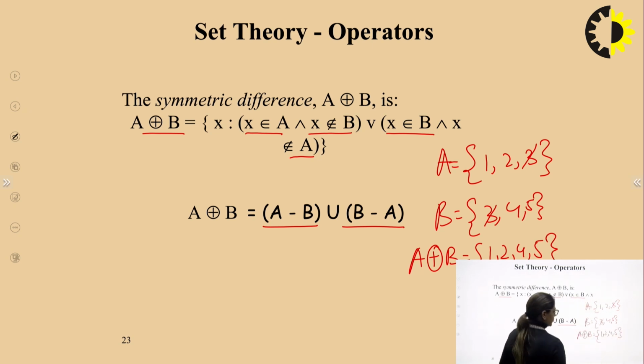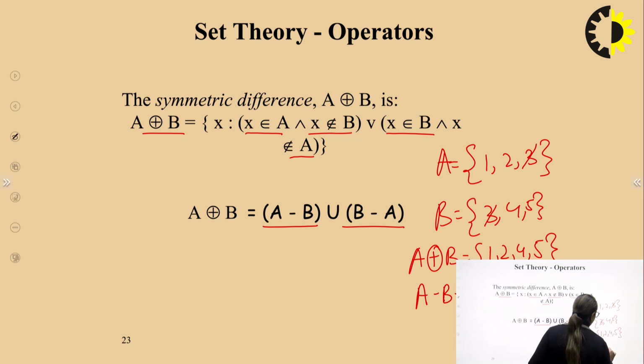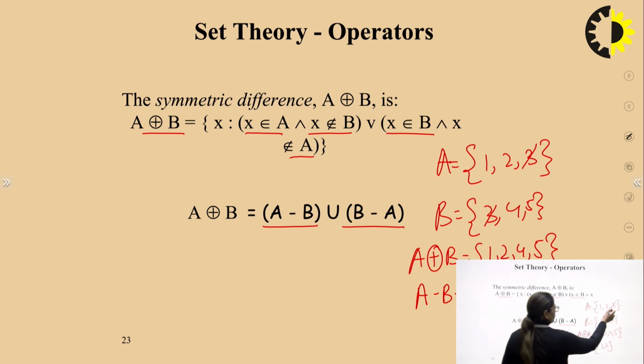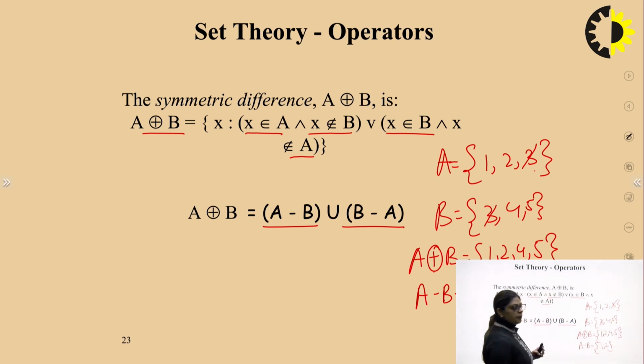This way. This is a symmetric difference, and A minus B is what? Only 1 and 2, right? We will only exclude the element which is in B, but in A symmetric difference B we will include both the elements of A and B, but we will exclude the intersecting elements, right?